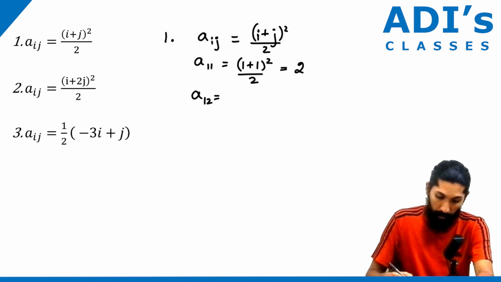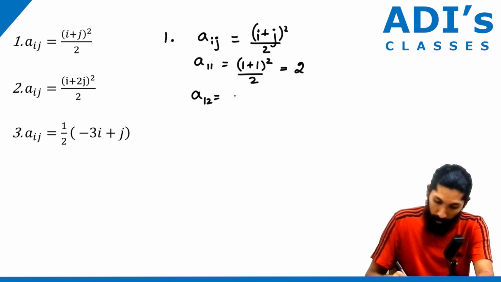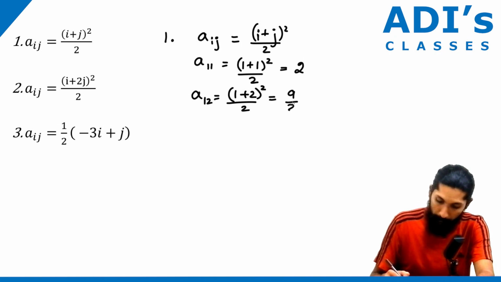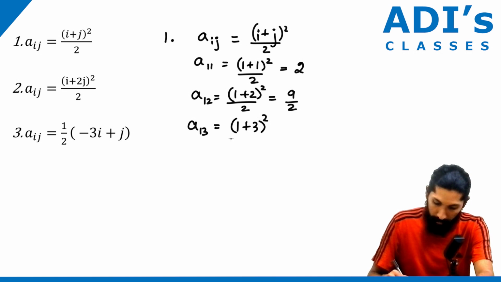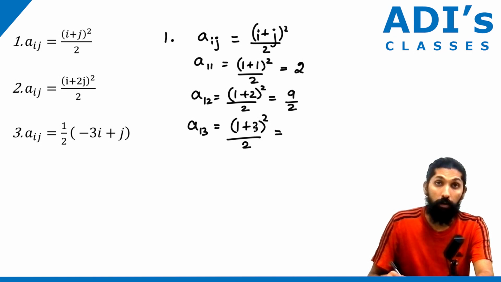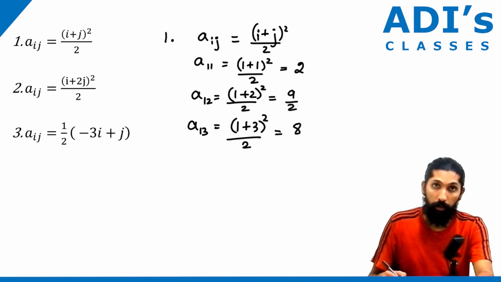A12 is going to become (1 plus 2) whole square divided by 2. 3 square is 9, 9 by 2. Next, A13 is going to become (1 plus 3) whole square divided by 2. 4 square is 16, 16 by 2 is 8. So we got it like this.